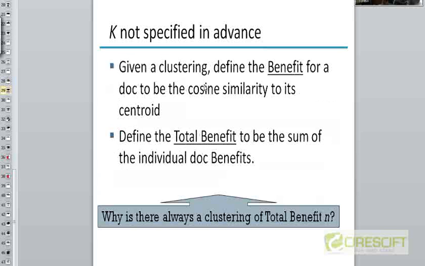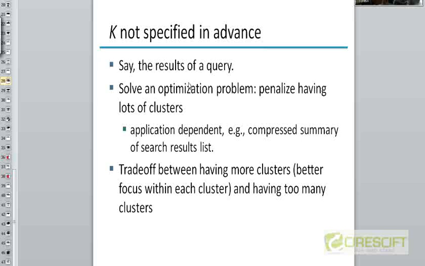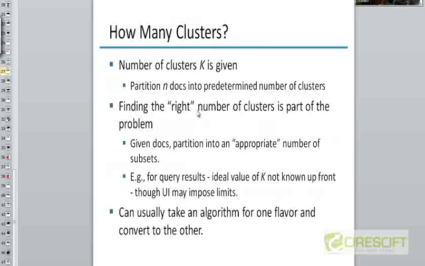So we have assumed so far that the value of K is given to you in advance. So we are partitioning the n documents into a predetermined number of clusters. What if K is not given to you in advance? How do you find the right number of clusters? This is a very hard question.